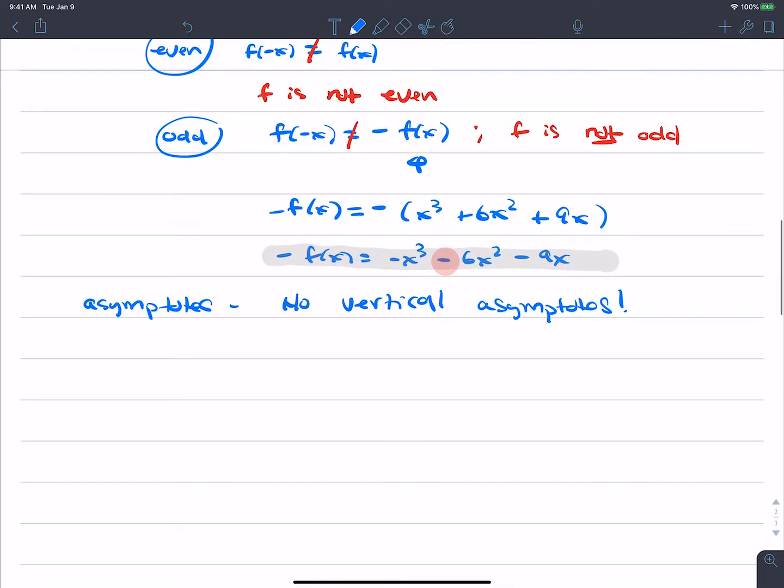Because this is actually what kind of function? This is a polynomial, is that right? Yeah. Polynomials do not have vertical asymptotes. In fact, polynomials are continuous everywhere. This is our beautiful rolling hills curve, a nice continuous curve. It's not a rational function, right? So there's no vertical asymptotes. Good.